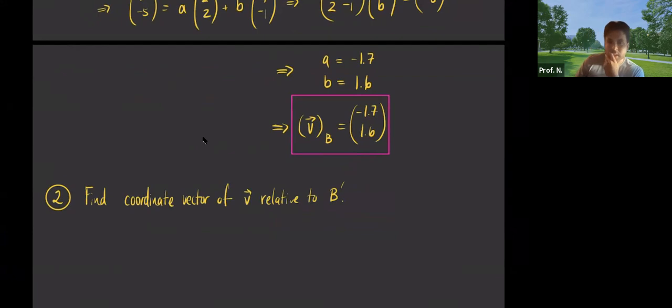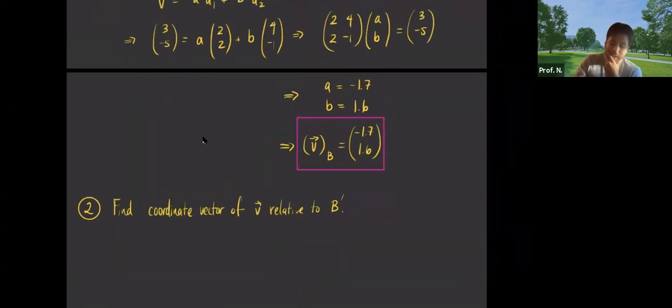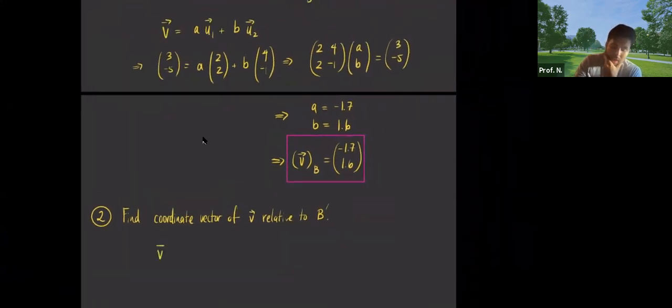So what's the coordinate vector of V relative to the new basis? Well, I have to figure that out the same way I figured out the coordinate vector for the old basis. So now, instead of A, I'm going to use C times W1 plus D times W2.